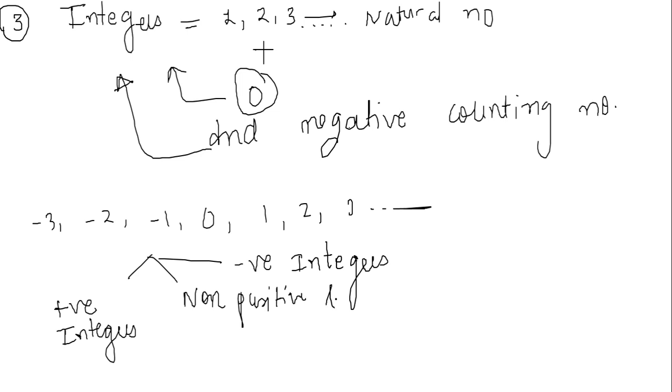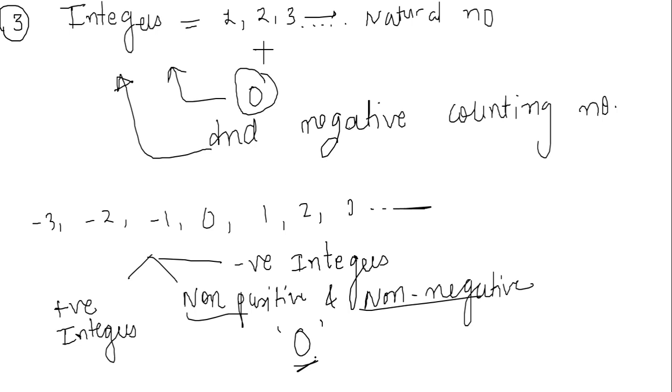So what is that? It is 0. 0 is a number which is neither positive nor negative, hence it is called a non-positive and non-negative integer.